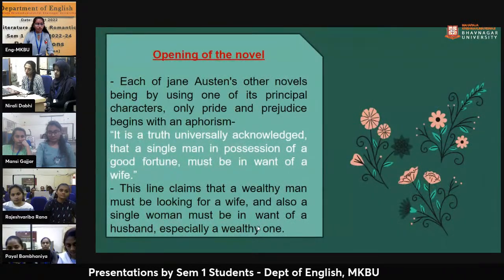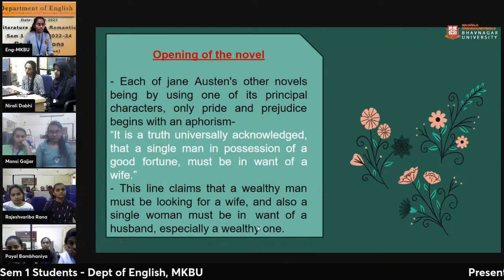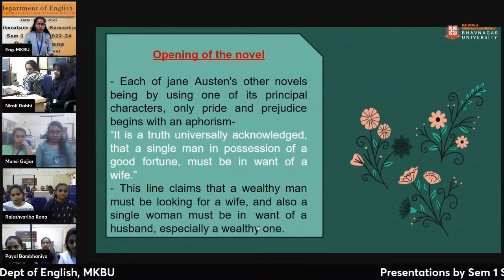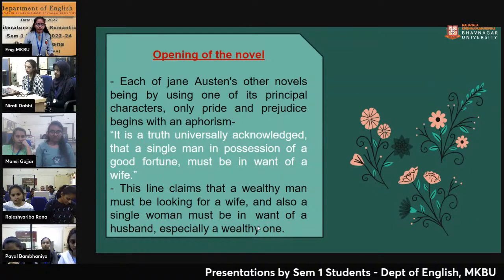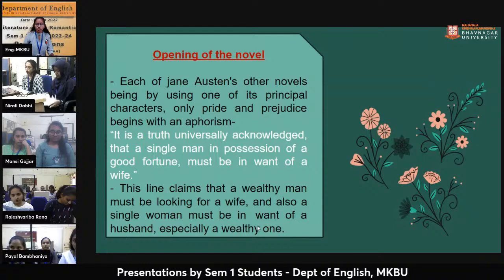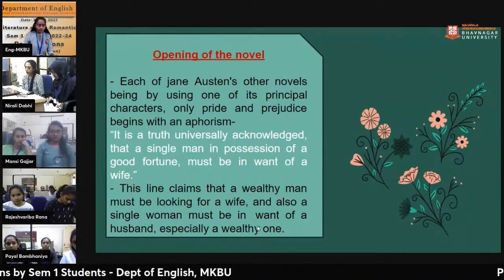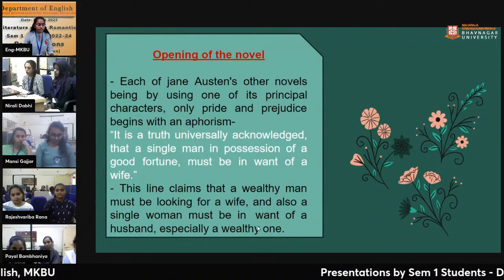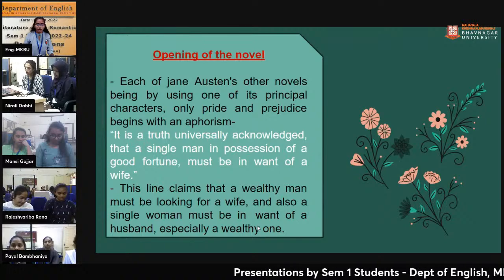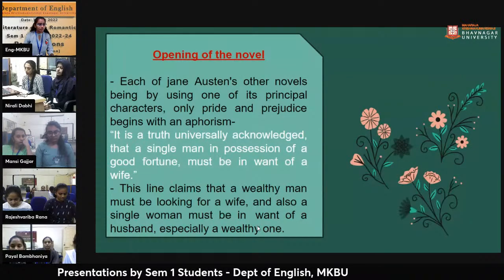The opening of this novel: each of Jane Austen's other novels is named by using one of its principal characters. Only Pride and Prejudice begins with this aphorism. It is a truth universally acknowledged that a single man in possession of a good fortune must be in want of a wife.